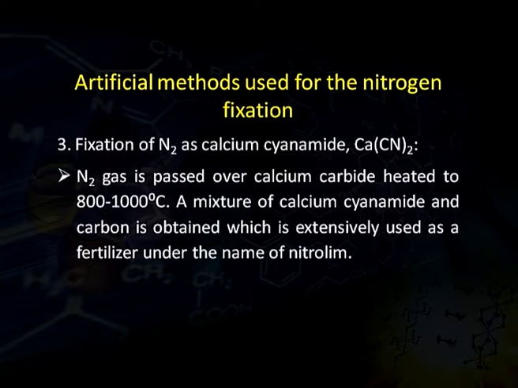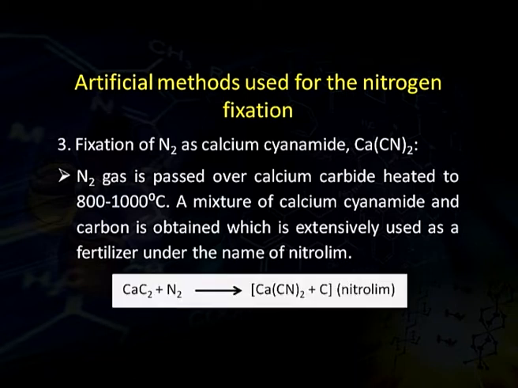A mixture of calcium cyanamide and carbon is obtained, which is extensively used as a fertilizer under the name nitrolim. So, calcium carbide combines with nitrogen to form calcium cyanamide plus carbon. This complete mixture is called nitrolim. This is a fertilizer which is used in the fields.